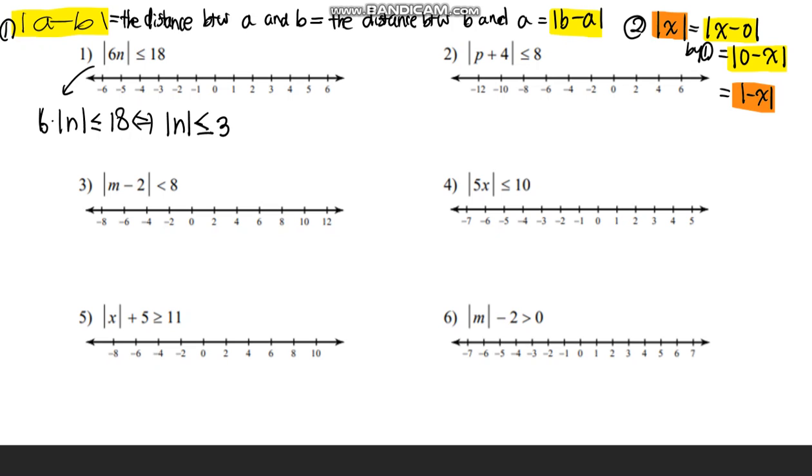So what that means is the distance between n and 0 is less than or equal to 3. This is equivalent to n minus 0 less than or equal to 3.